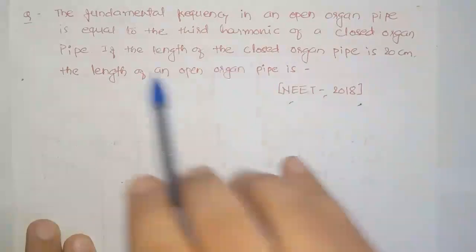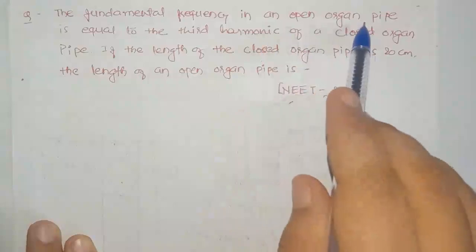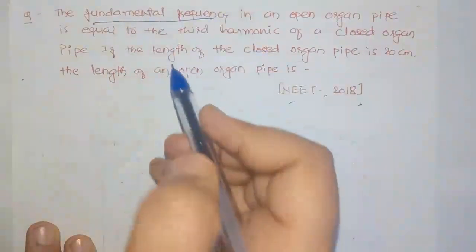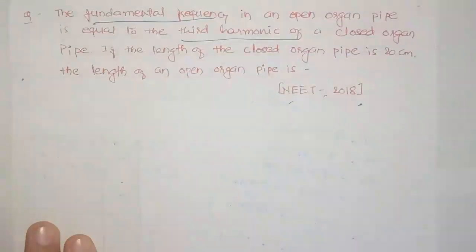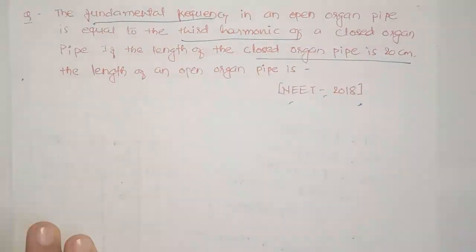In this question, the fundamental frequency in an open organ pipe is equal to the third harmonic of a closed organ pipe. If the length of closed organ pipe is 20 centimeter, what is the length of an open organ pipe?